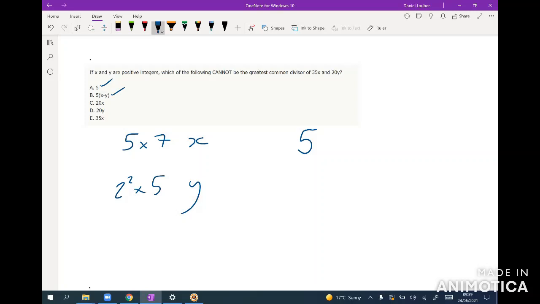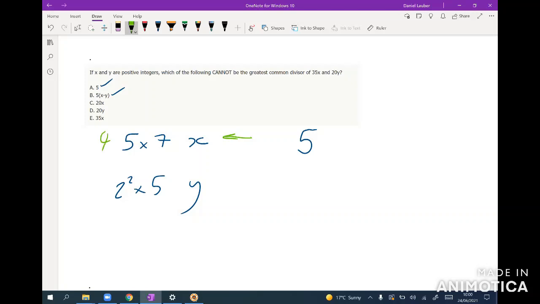What about 20x? Well, in order to have 20x, we'd need to have a 4 in this row, as in we have to have a 4 there that's not part of x, and so in other words, we're missing a 4.